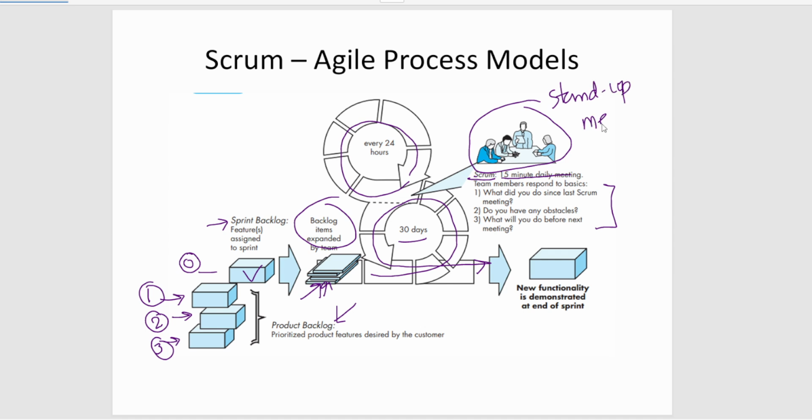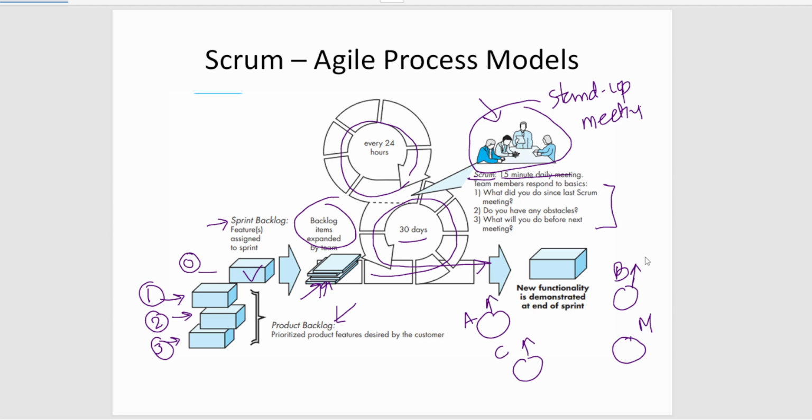What are stand-up meetings? A stand-up meeting means you are sitting at your desk somewhere here, another person sitting somewhere here, and a third person sitting somewhere here. This is the person who is doing feature A, this is the person doing feature B, and this is the person doing feature C. And you have a manager sitting here, M. He might call you to a meeting room and discuss it with the team like this, or he may ask you to stand up from your desk wherever you are sitting and tell him the status.